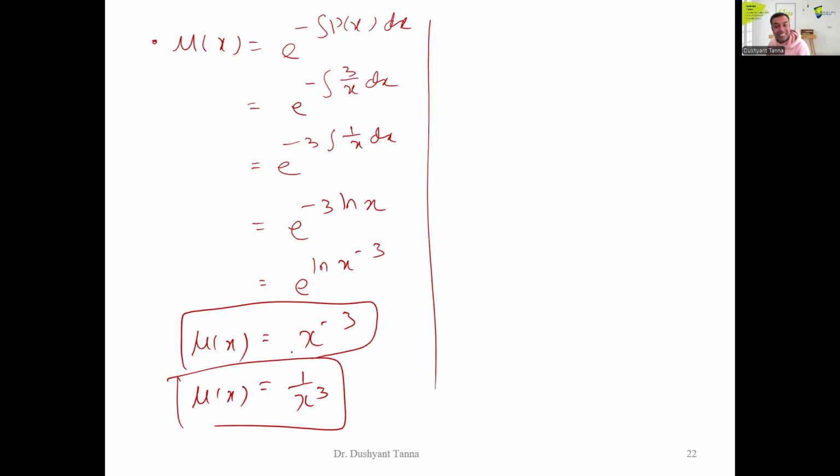Right. Once I figured that out, I will go for the second part, where I will talk about the general solution. y will be mu(x) times c plus the integration of Q(x) over mu(x) dx, where, as usual, I just separate that part.